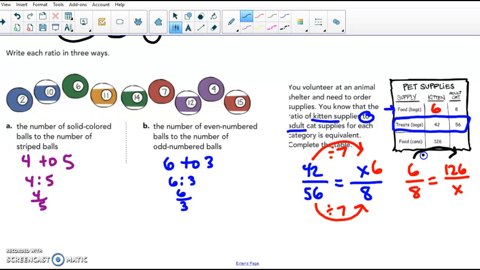Obviously, I'm getting bigger, so I know I'm multiplying. And if I multiply 6 times 21, that will give me 126 kitten food cans. So if I multiply by 21 on top, I need to also multiply by 21 on the bottom, which gives me 168.